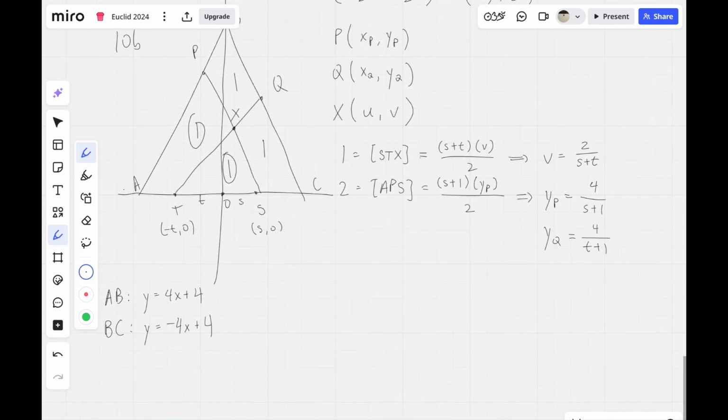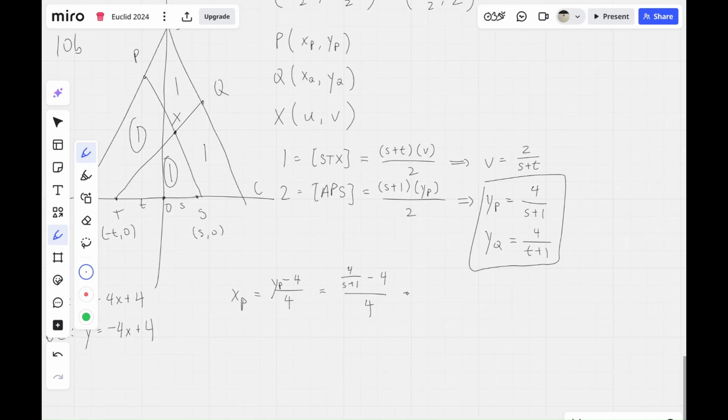We can now plug in these y-coordinates into these equations to solve for the coordinates of P and Q. We get that P will be equal to, well, the x-coordinate of P is going to be equal to (y minus 4) over 4, since it lies on line AB, which, if we plug this in, becomes (4 over s plus 1 minus 4) over 4, which is equal to negative 4s over s plus 1, over 4, which is equal to negative s over s plus 1.